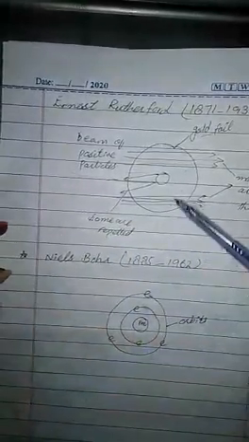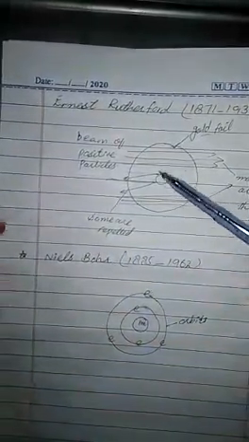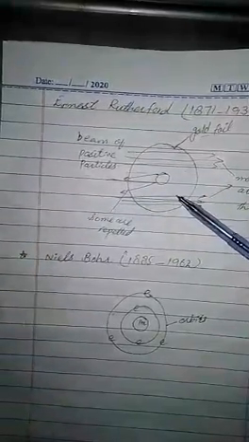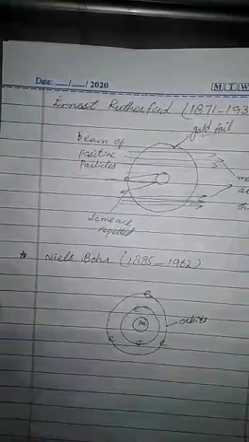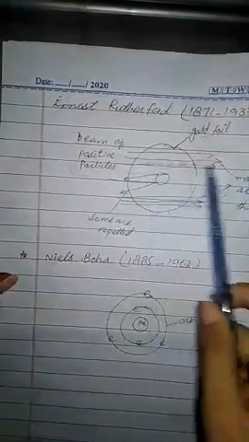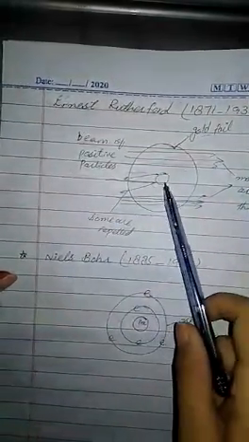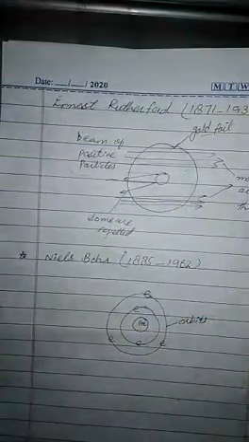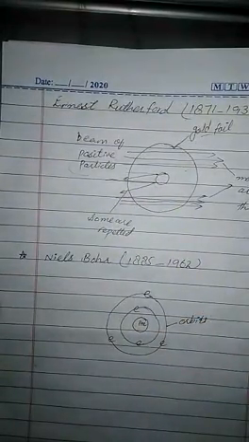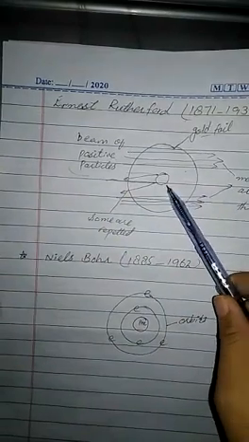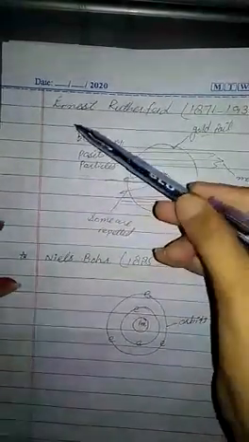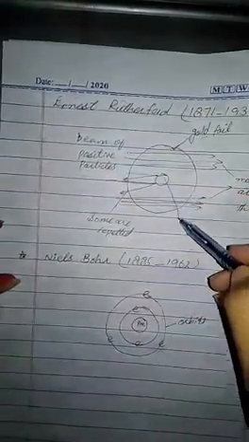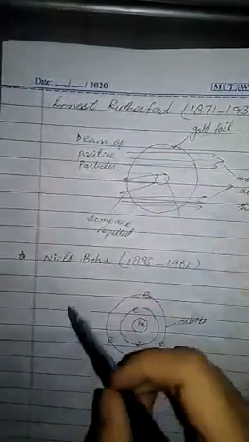So he said that the outer side of the atom is empty, because all rays easily pass, but in the center rays bounce back. It means some positively charged thing is present in the center. So Ernest Rutherford discovered the nucleus. This is nucleus.